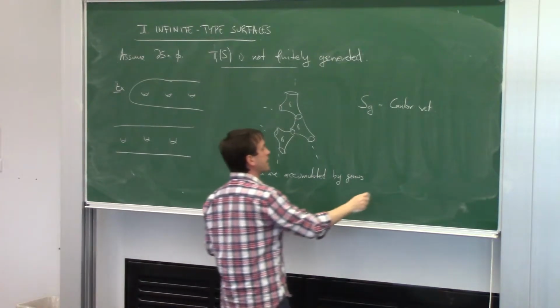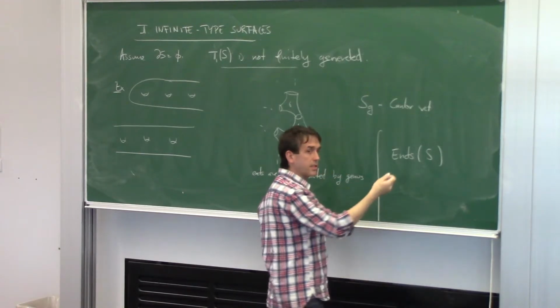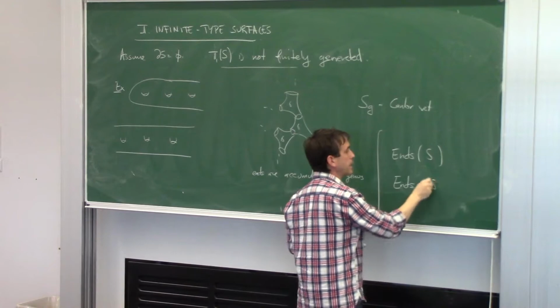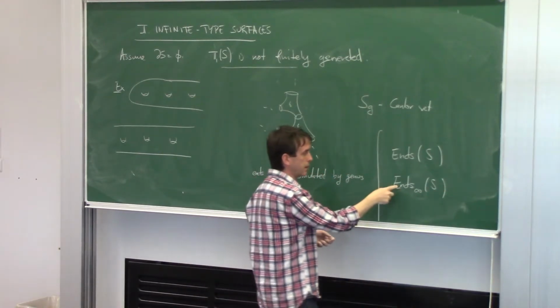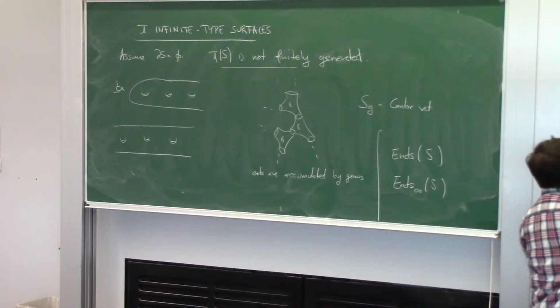So there's the space of ends, and then there's the subspace of those ends that are accumulated by genus. Okay, and then there's a theorem.